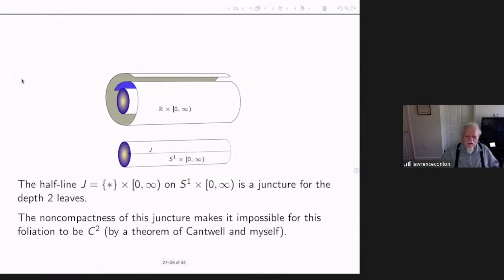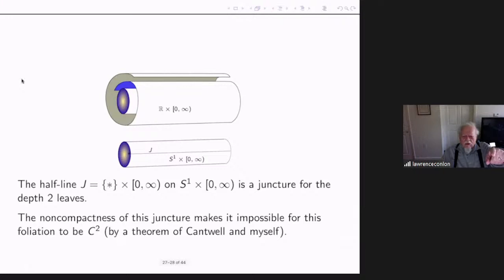There it is. So a segment of the cylindrical leaf, the depth one leaf, is drawn at the bottom part of the picture. S1 across the half-infinite interval. And above we see one of the two planes, actually a strip in the plane, winding around this segment of the depth one leaf.